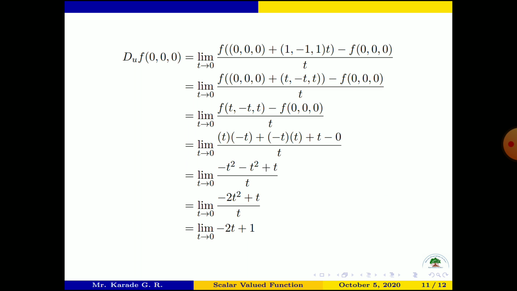So again if I put t equal to 0, then we get the answer 1. So the directional derivative of function f at point 0, 0, 0 in the direction of vector u is 1. Okay, so in this fashion we can solve the problems based on the directional derivative.